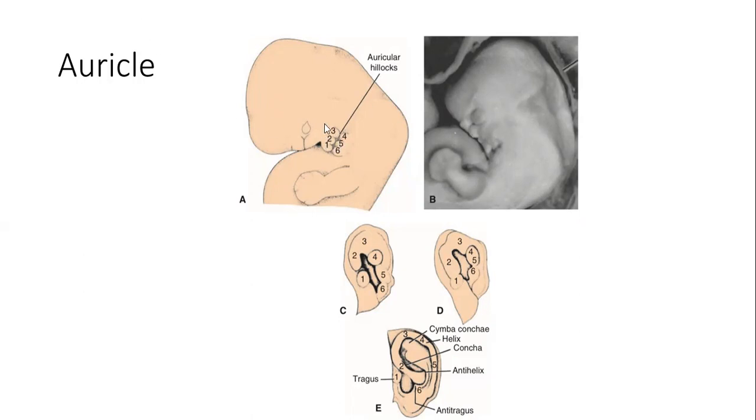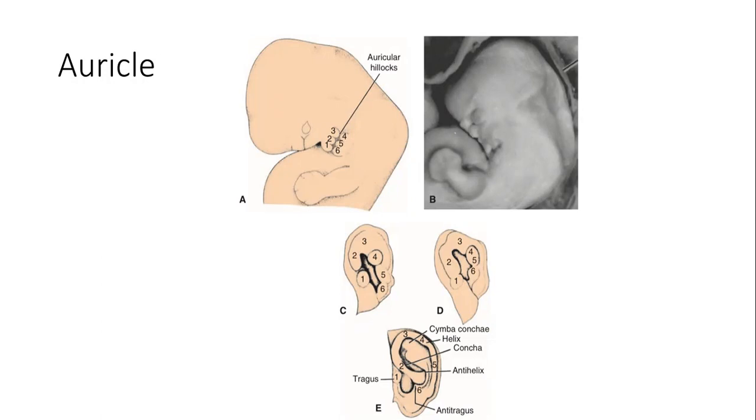These swellings are called the auricular hillocks, 3 on each side of the external meatus, and later they fuse and form the definitive auricle. As the fusion of the auricular hillocks is a complicated developmental procedure, developmental abnormalities of the auricles are common at this time when the auricles are forming.